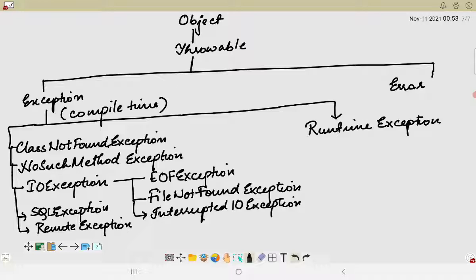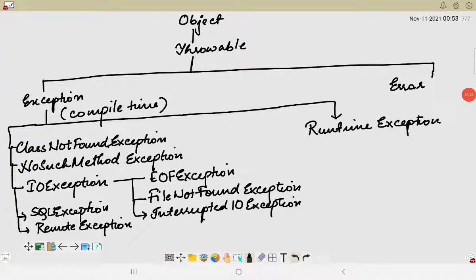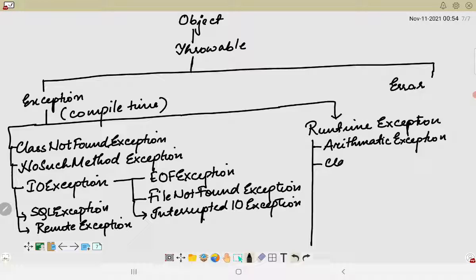So if we are considering the runtime exception here, the first one is the arithmetic exception. The second one is class cast exception.